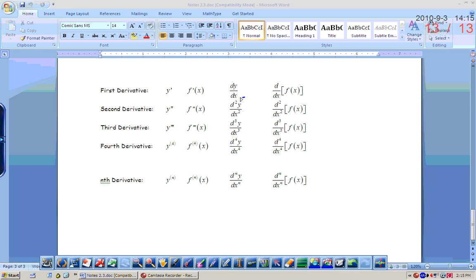The second derivative is denoted as d squared y over dx squared. Please don't let that notation freak you out. It basically means you're taking the derivative twice of y with respect to x both times. So if you see d squared y over dx squared, just think y double prime.